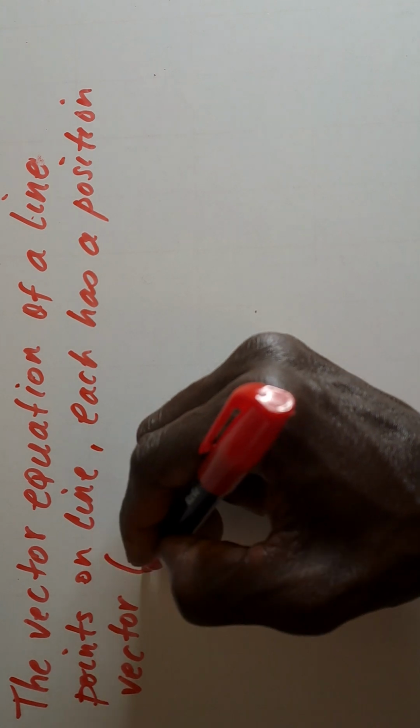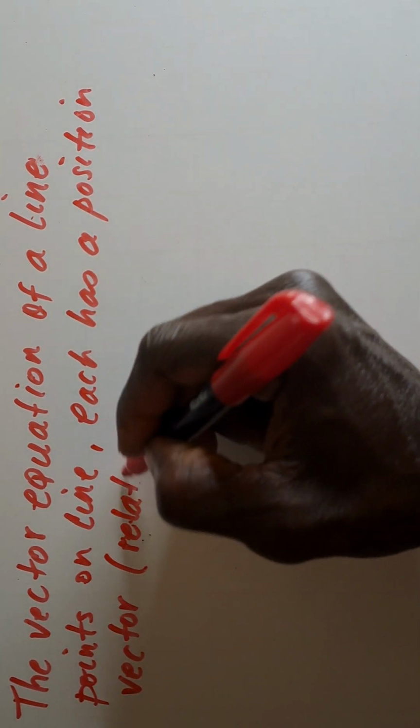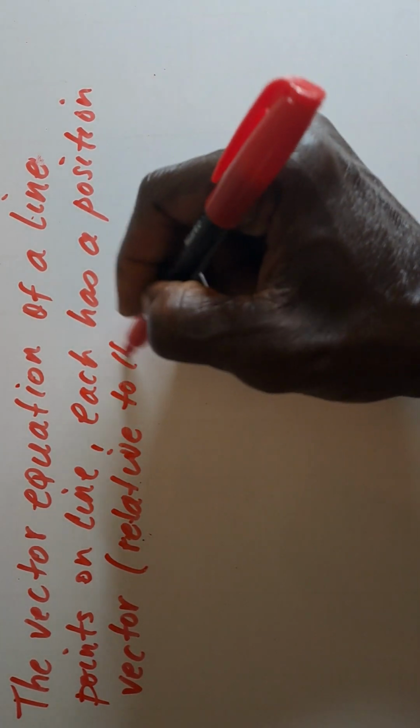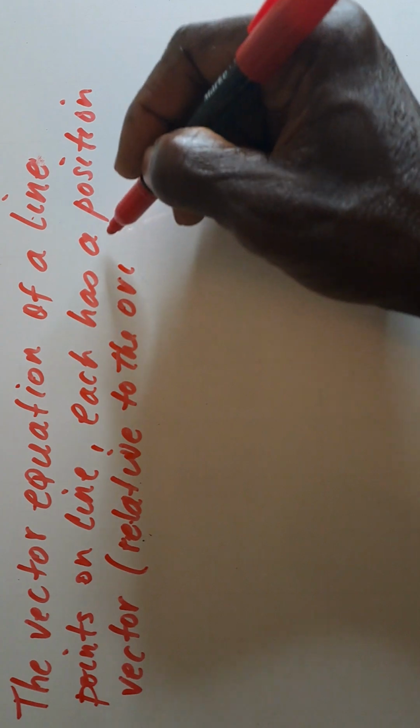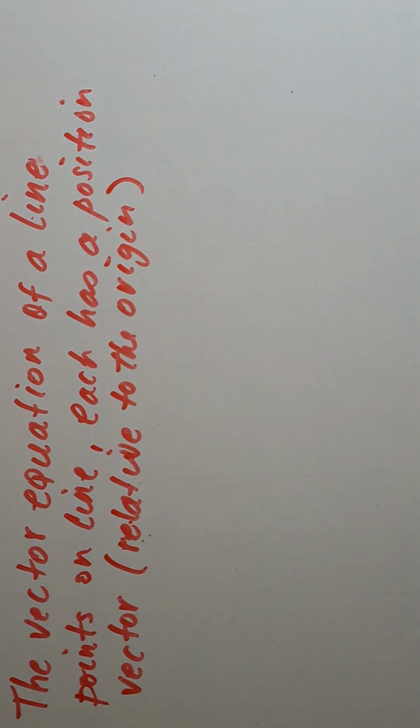Yes? Later on, I'll actually sketch a diagram so you will actually see this. But these are the things we need to be aware of as we develop a vector equation of a line.